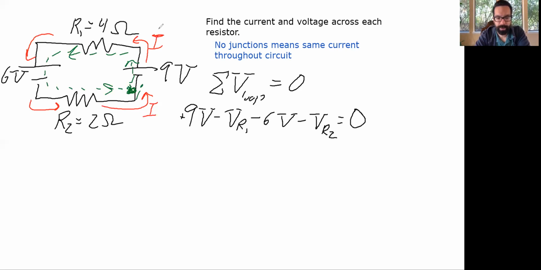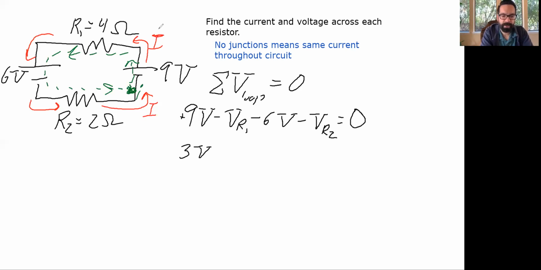Okay, so where do we go from here? We're trying to find current and voltage across each resistor. Well, I could do a couple things, I guess. I could combine the 9 and the -6, right? And the rest of it is algebra. Once you get that, I think the physics is pretty much done. The rest is just doing the algebra. So 9 minus 6, you get 3 volts.